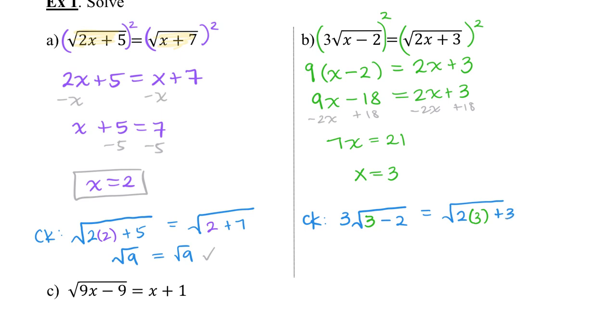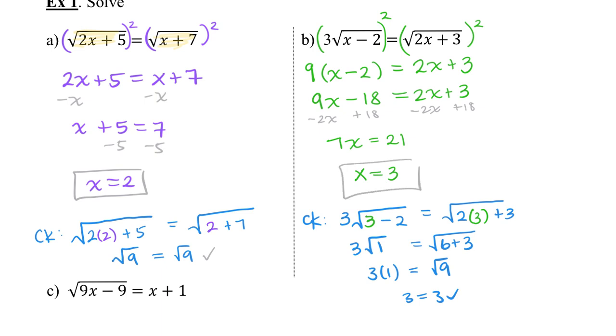And I'm just going far enough to figure out that this worked. 3 times the square root of 1 equals the square root of 6 plus 3. 3 times 1 is 3, and the square root of 9 is 3. Yeah, that works. So my x equals 3 is a valid answer, and I'm going to move on.